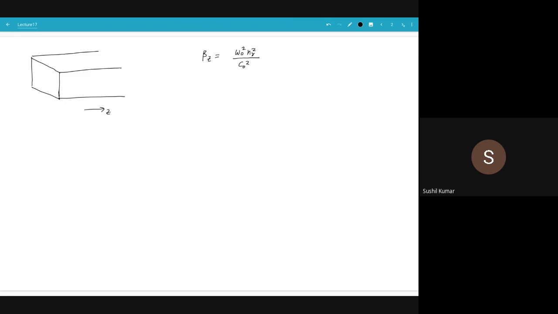That's our beta square, minus beta x square minus beta y square. That's the beta z, and this must be real.